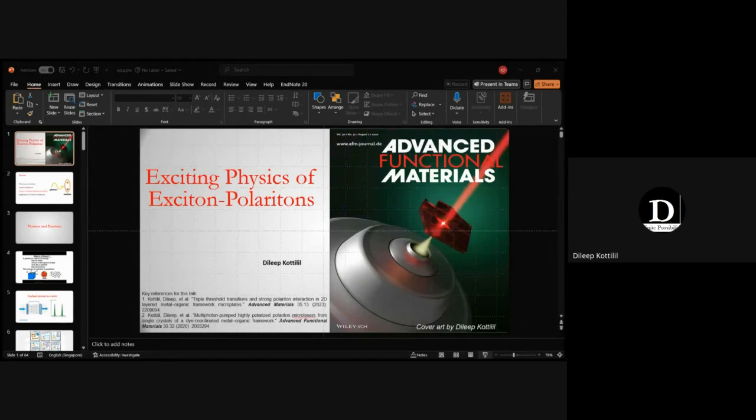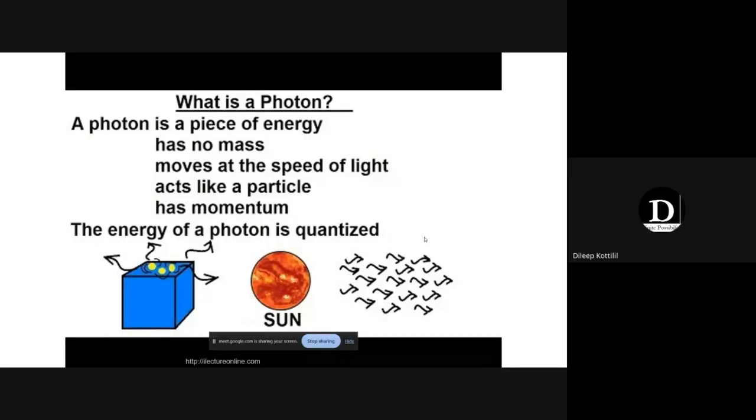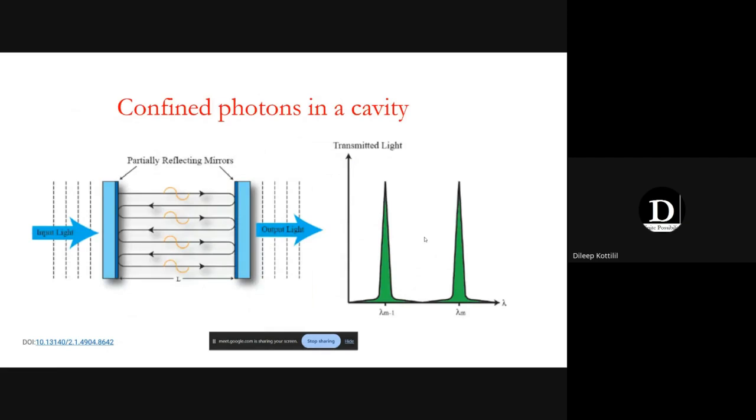It need not be the Fabry-Perot cavity which you are currently seeing. Confined photons are the photons that are confined in an optical cavity. It could be a Fabry-Perot cavity, just like what you are looking at.